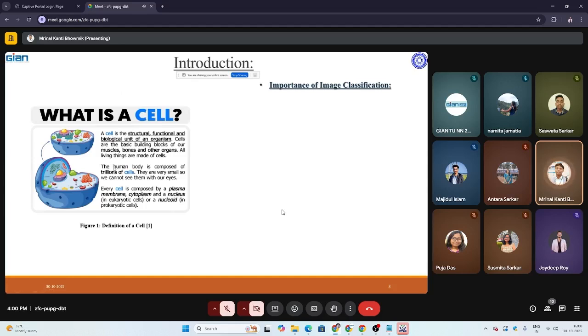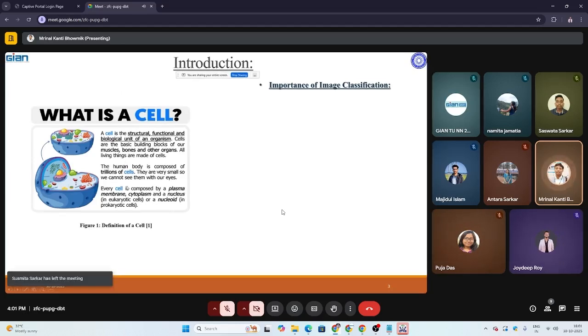So I just kept a basic concept of what a cell is. Every cell is composed of a plasma membrane, cytoplasm, and a nucleus or nucleoid. In eukaryotic cells it is known as a nucleus, and in prokaryotic cells as a nucleoid. Basically, I'll be performing image classification, that is microscopic image classification, in cells.